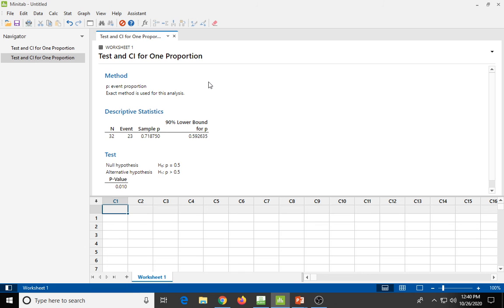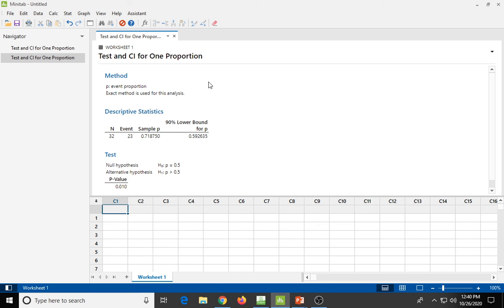So if I draw this, just in this figure here, 0.5 would be my hypothesized mean.